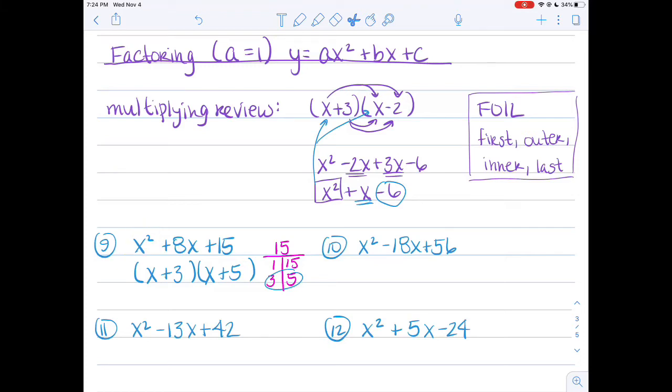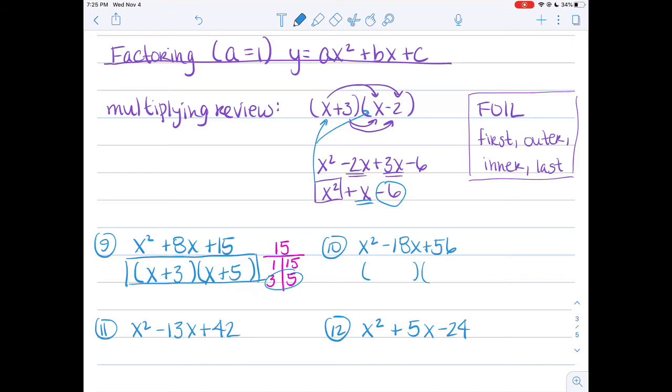I have 3 times x, that's a 3x, x times 5, that's a 5x, so 3x and 5x is going to give me 8x, and then 3 times 5 is 15. So it does go perfectly backwards, and so I can say that that is my final factored form of my quadratic.